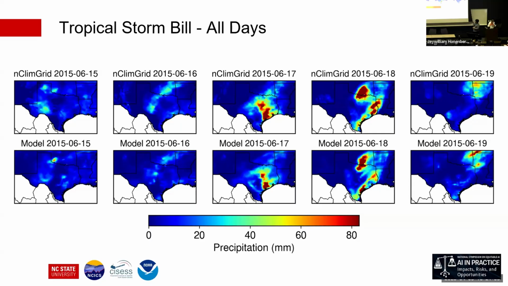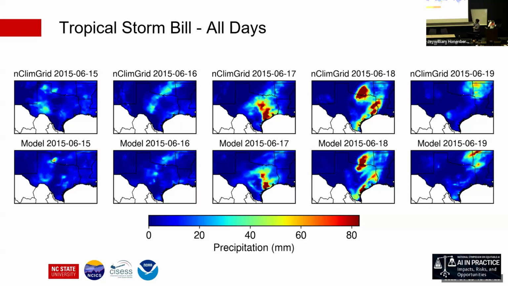If you follow the spatial pattern as the progression of the storm from the very beginning, June 15th, to the very end when it moves further inland on June 19th, overall the spatial pattern evolved quite similarly from both observations and the model estimation.